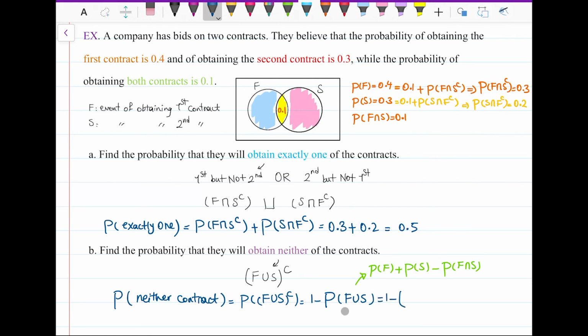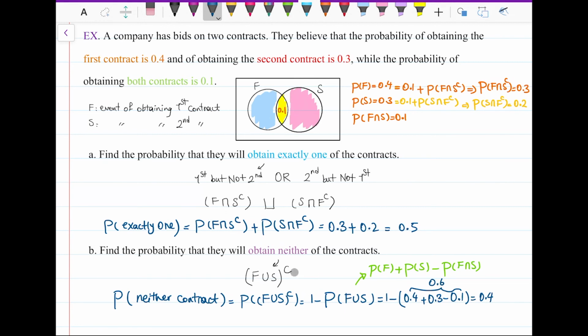So I have 1 minus probability of F, I'm sorry, probability of F is 0.4, plus probability of S is 0.3, minus probability of their intersection. So this part in here is 0.6. So I get 1 minus 0.6, which would be 0.4.